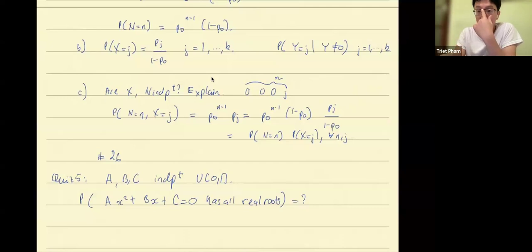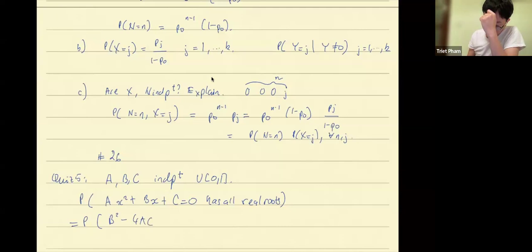So what would that be? When is it that a quadratic has all real roots? When the discriminant is not negative, or is non-negative. The discriminant is b squared minus 4ac, non-negative.